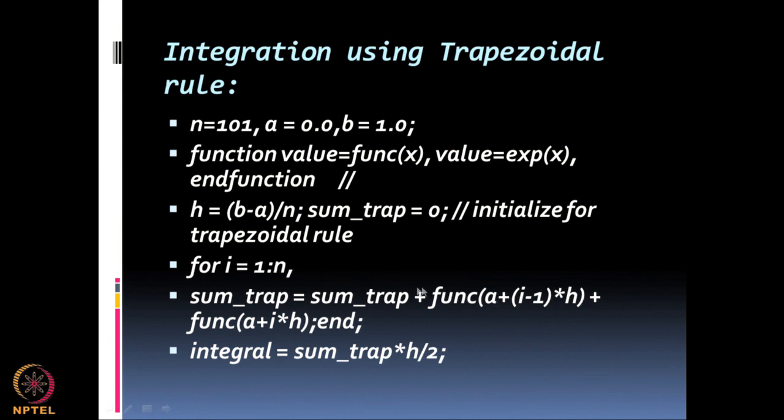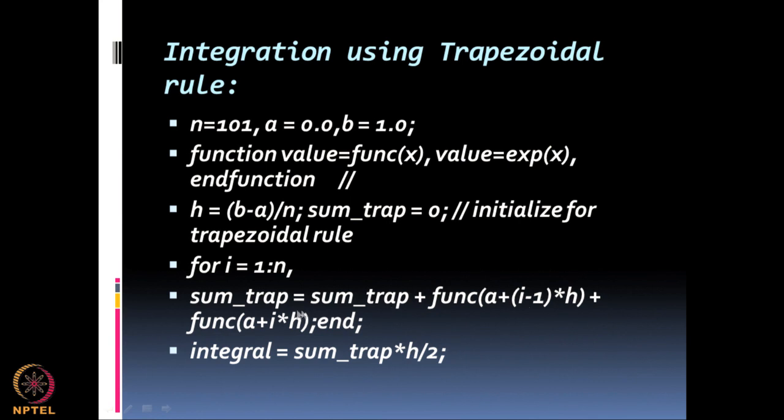Next time in the do loop, I is equal to 2, so 2 minus 1 is 1. So, this is h. The next value of the function is a plus h. The third value is a plus 2h, then a plus 3h, all the way up to n equal to 101. The last value will be a plus 100 times h. So, this will be the last value.